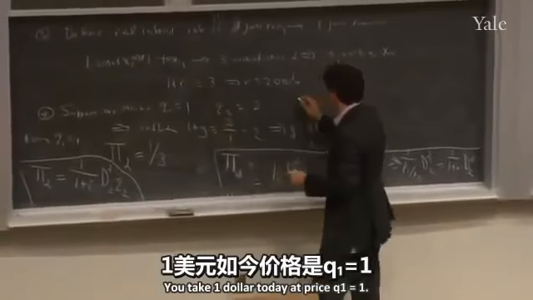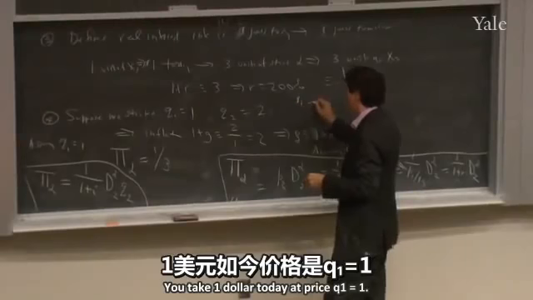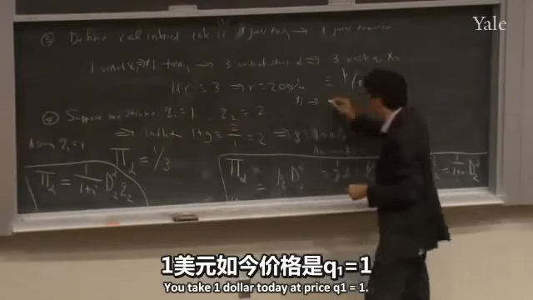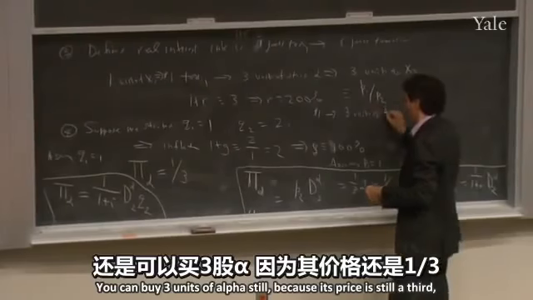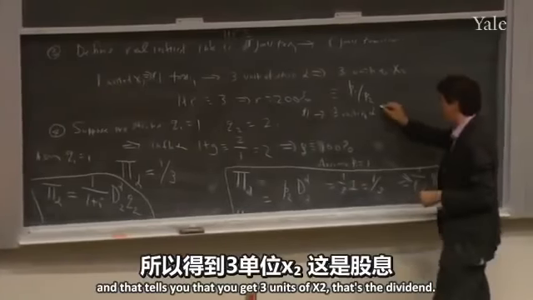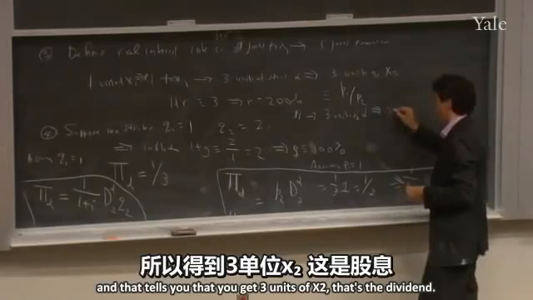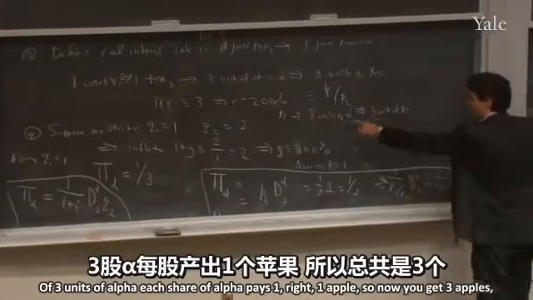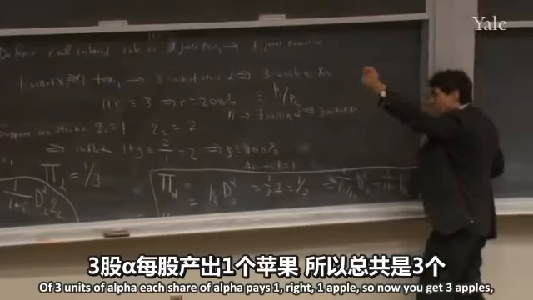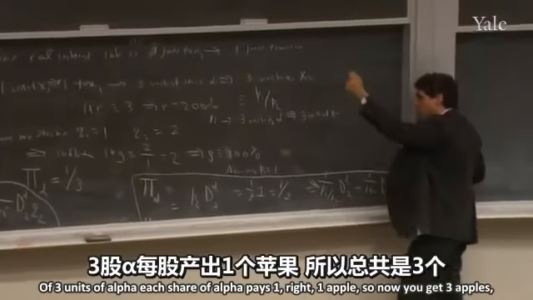Let's just do it. You take $1 today. At price Q1 equals 1, you can buy 3 units of alpha still, because its price is still 1/3. And that tells you that you get 3 units of X2. That's the dividend of 3 units of alpha. Each share of alpha pays one apple.